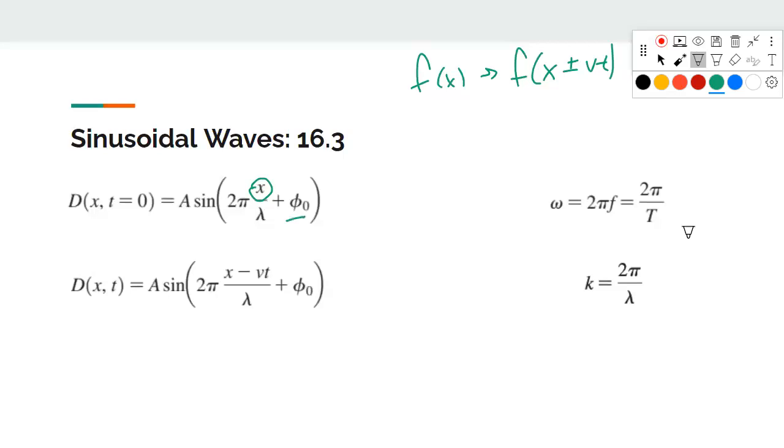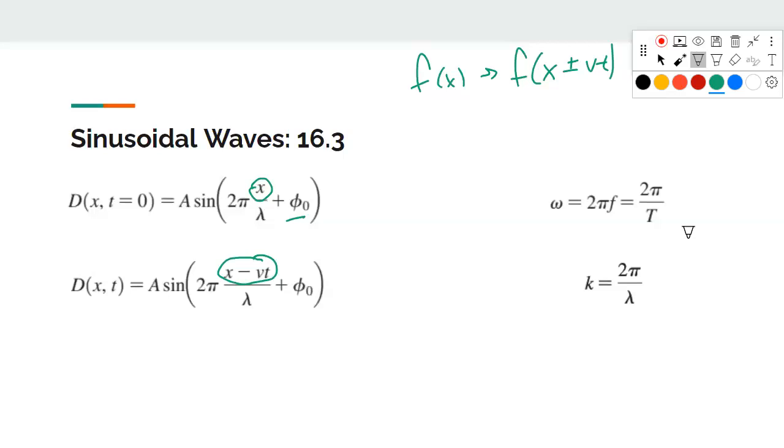And the phi naught here is just representing that the wave might not be a pure sine, it could be shifted one way or the other. And so then to make this traveling wave, we just have to plop in an x minus vt instead of an x. That's all we do for any function. So this would be a wave traveling to the right.